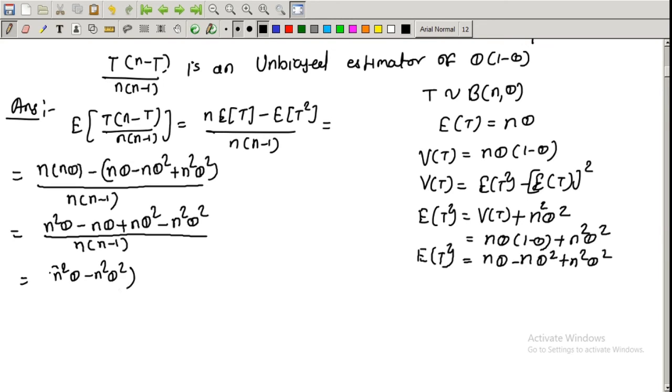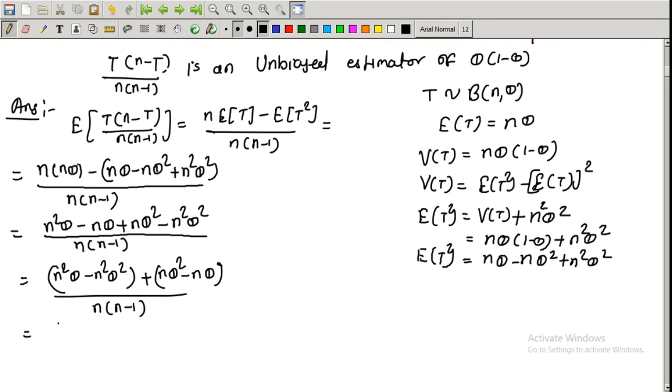And the second term is plus n theta square minus n theta. These two terms are there, divided by n into n minus 1.